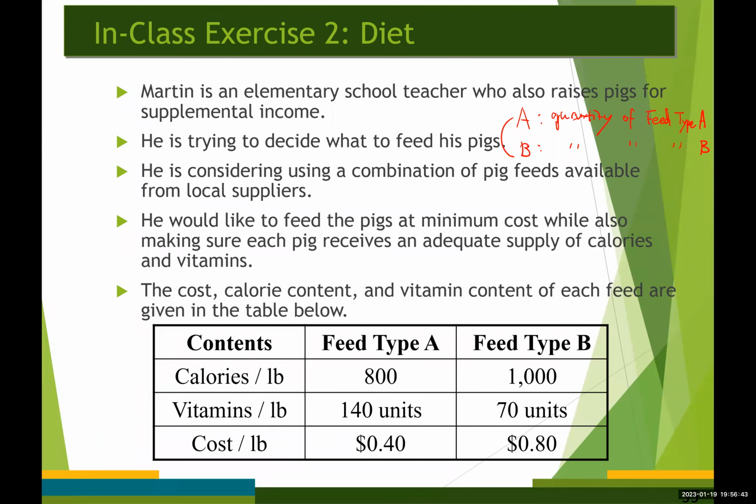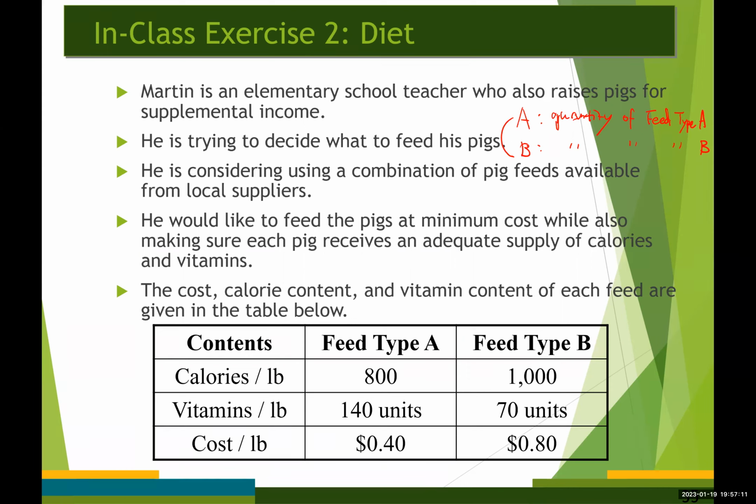Okay, so in this case, what would be the objective function? You want to minimize the total daily cost of the feed per pig, right?